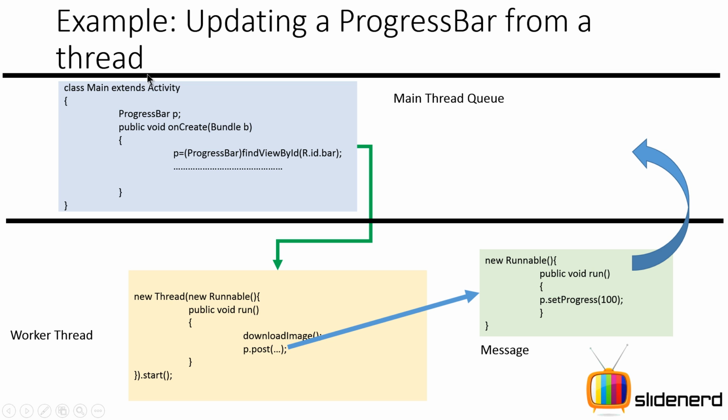When the looper finishes running the first task, it's going to come here, run this runnable object, and update the progress. In other words, from the background thread, the progress bar is updated on the main thread, but the work of downloading the image takes place on the background thread. So we are going to take a look at this example in the next video and work this out.